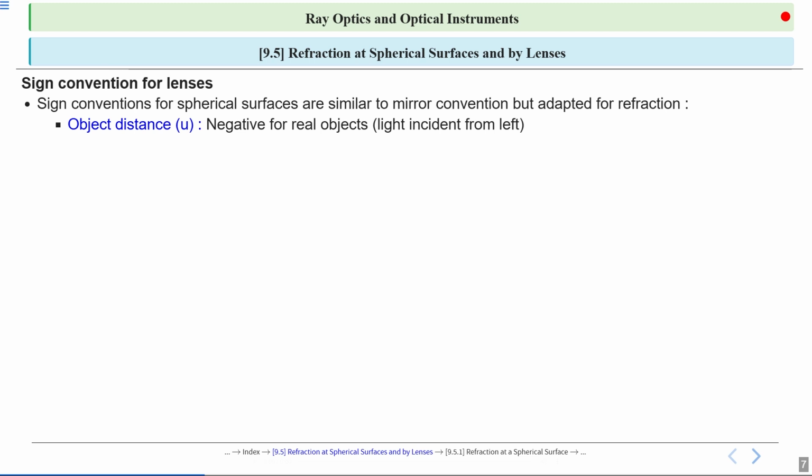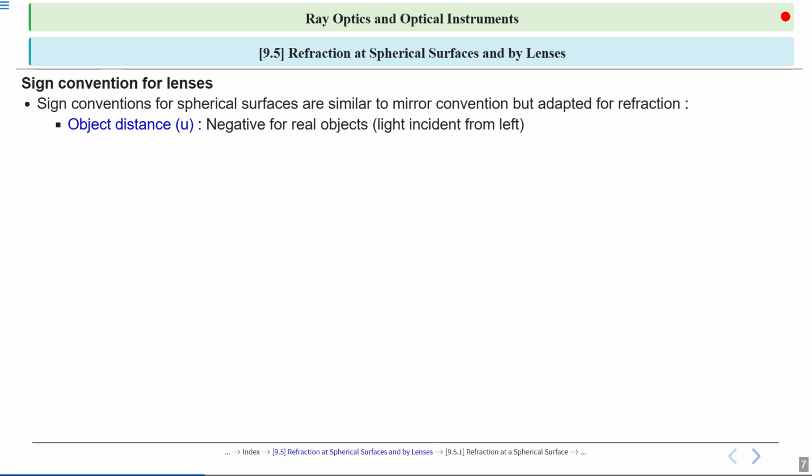So object distance is negative for real objects, with light incident from the left. If there is any spherical surface or lens, light comes from the left, which is the direction of incident light. The object is placed in front of the spherical surface or lens.